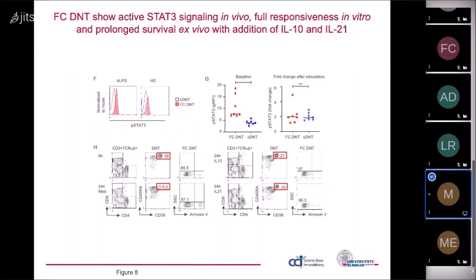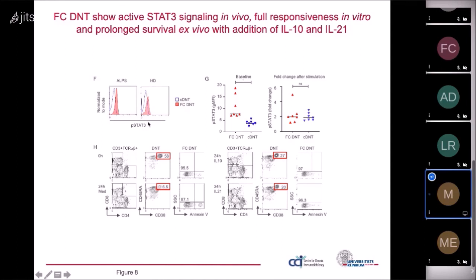So we checked ex vivo samples of ALPS patients or healthy donors, and we saw an increased phospho-STAT3 in FC-DNT compared to conventional DNT, and this is again true also for the single positive signature T cells.